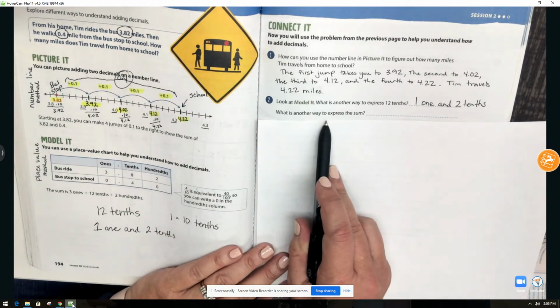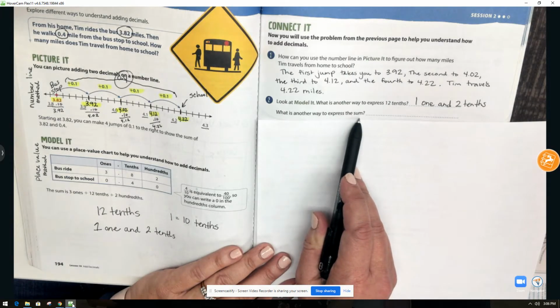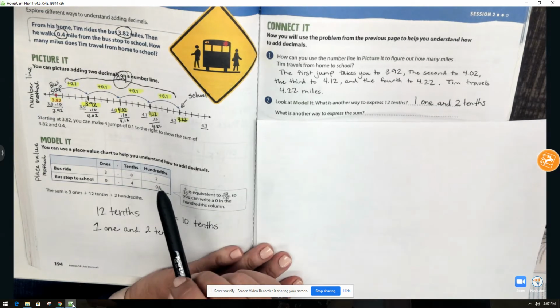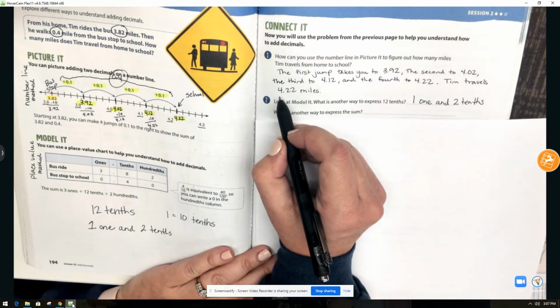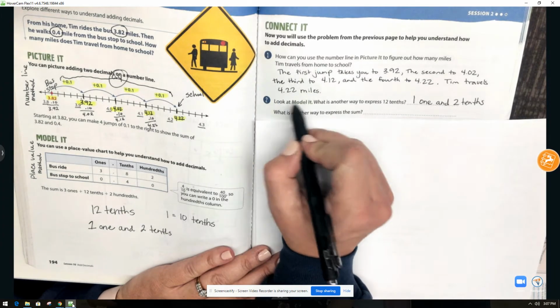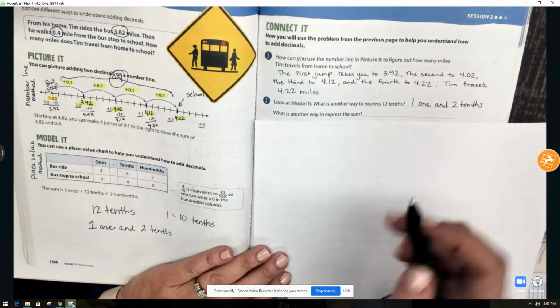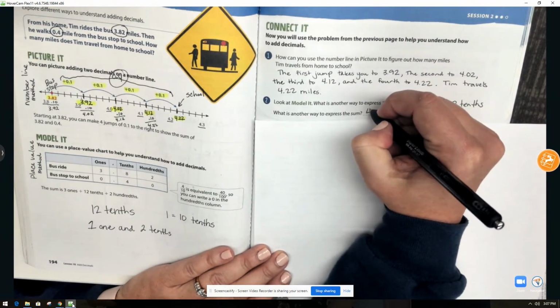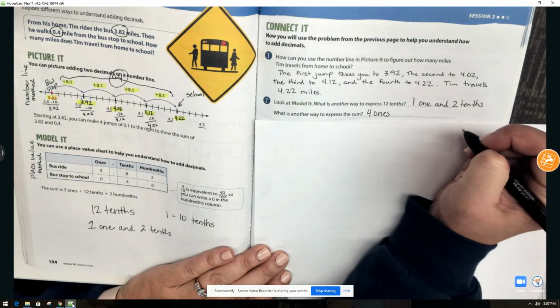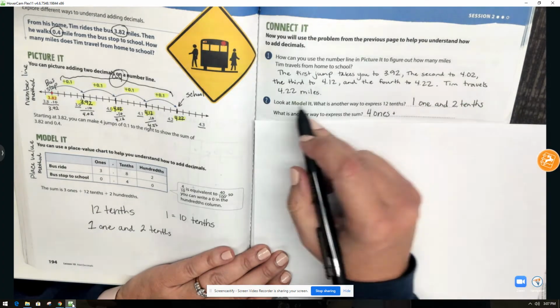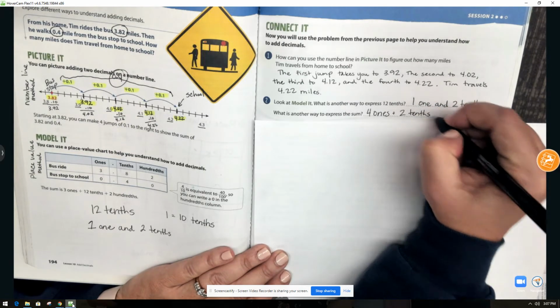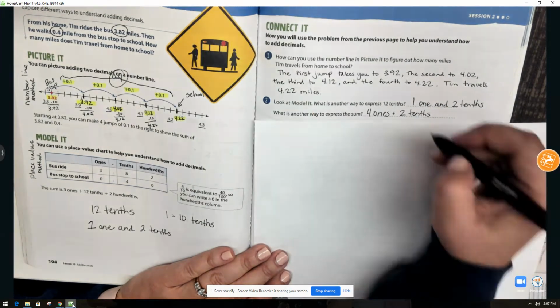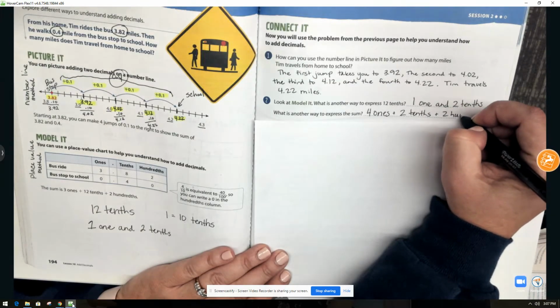So what is another way to express the sum? What that's asking is if our answer, our sum, we've decided is 4 and 22 hundredths. That is our sum. So another way we could write this sum is we could break it apart and say we have 4 ones plus 2/10 plus 2/100.